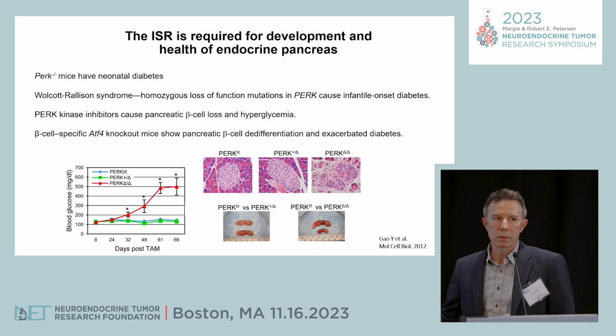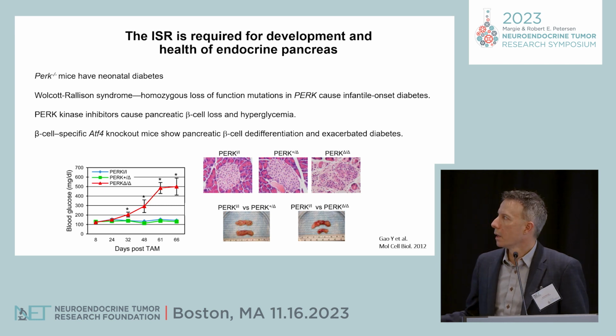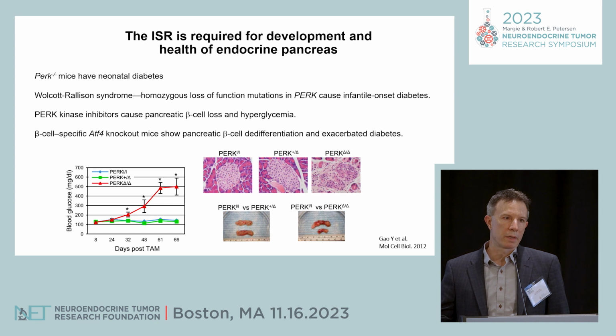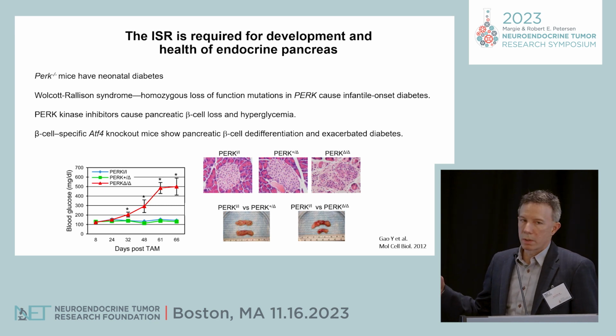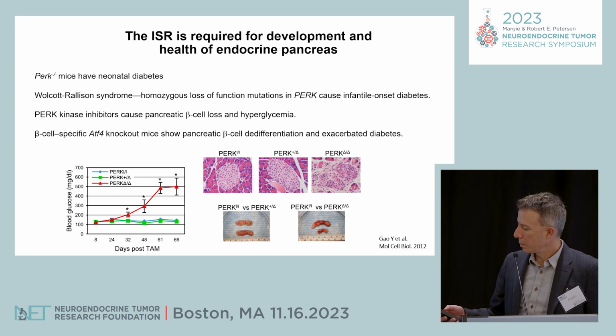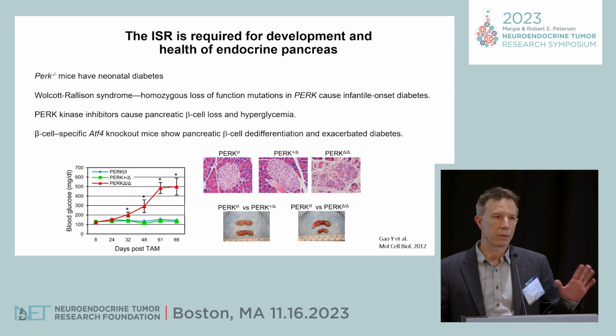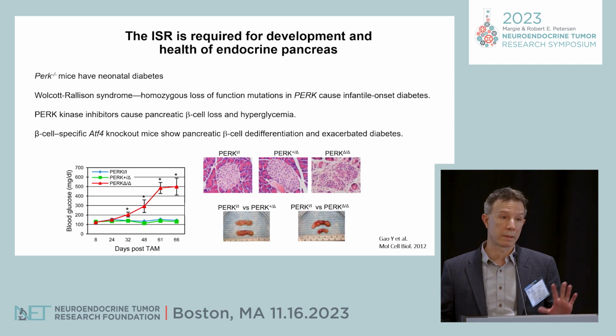So some historical data that's important is that there is a special relationship between the integrated stress response and the pancreas developmentally, especially around the PERK arm. So PERK knockout mice, best I can tell, the pancreas does nothing in utero except grow because it doesn't need to make digestive enzymes because you're being fed through the umbilical cord and mom controls your blood glucose.